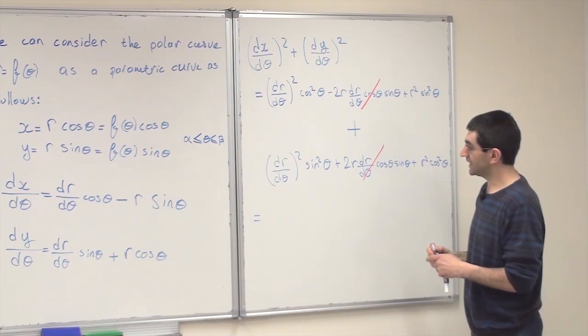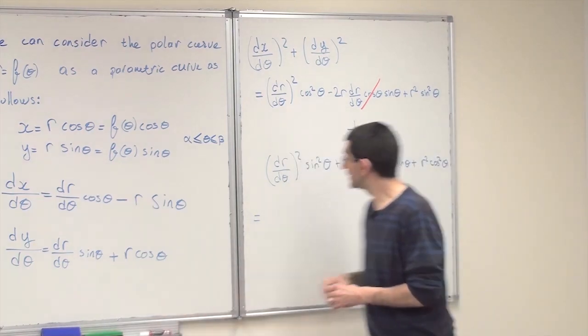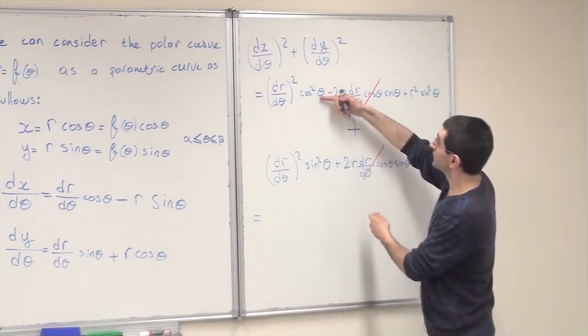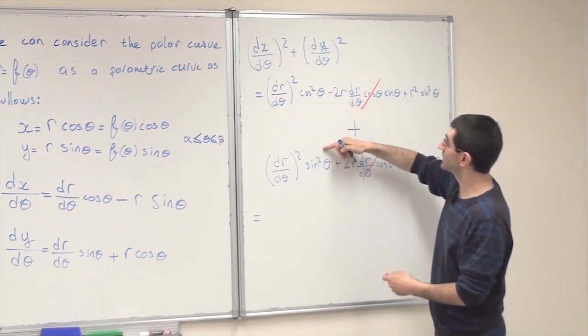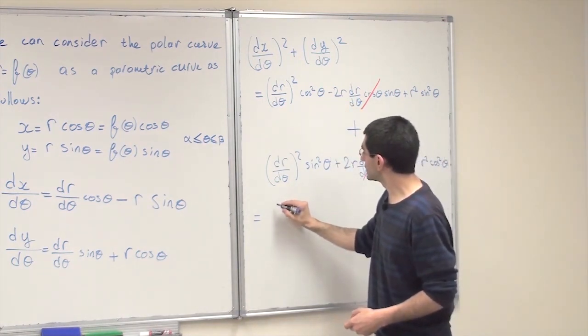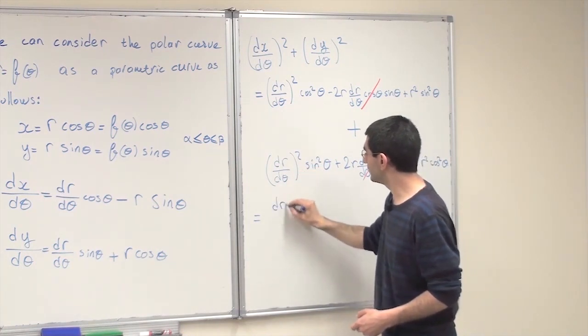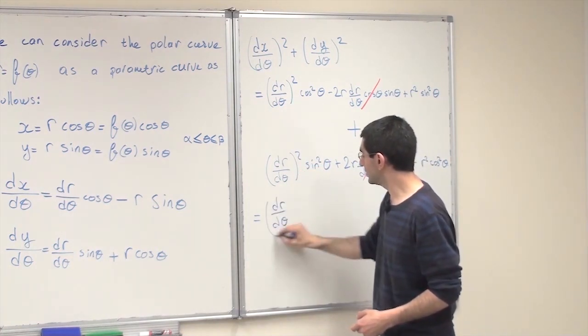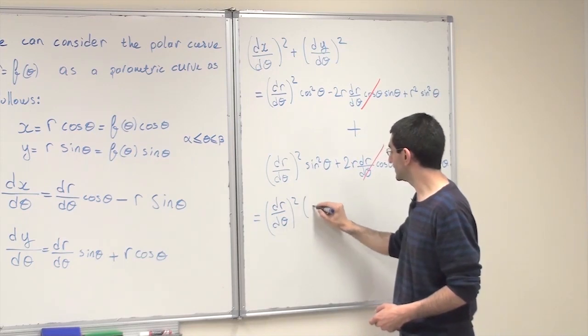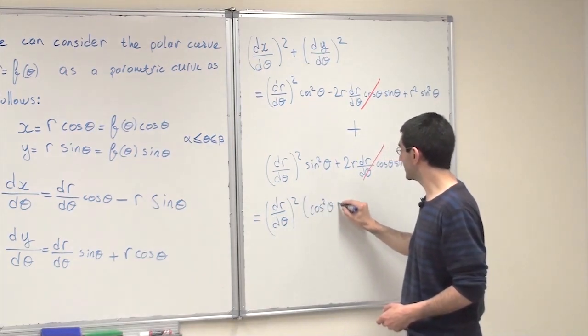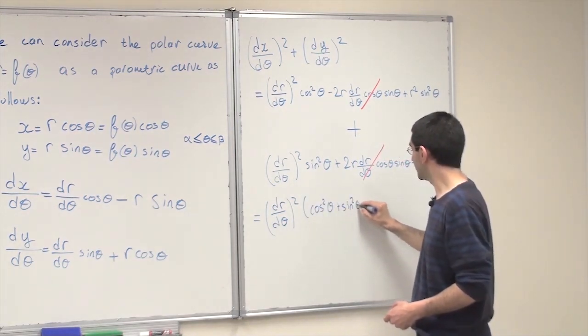Then what is left is the first terms in each sum. The dr over d theta squared is in common in those terms, so I factor it out. What's left is cosine squared plus sine squared.